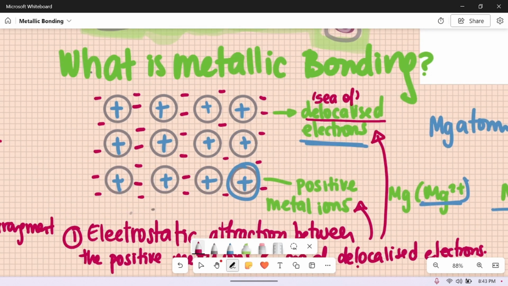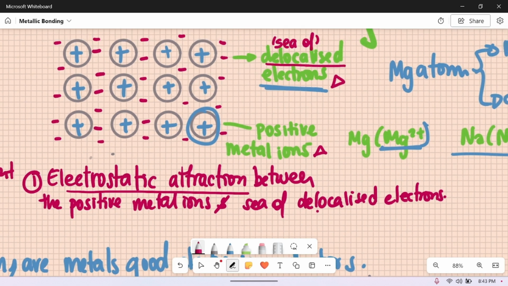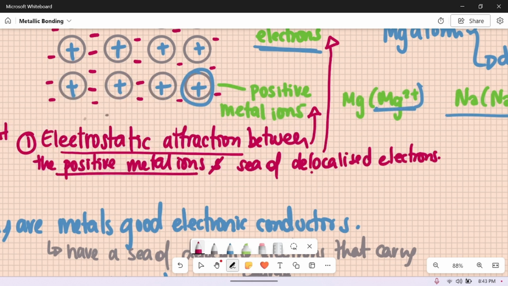So if you're asked to describe what metallic bonding is, you want to talk about the electrostatic attraction between the positive metal ions, as well as the sea of delocalized electrons, because there's always attraction between positive and negative, and in this case it's electrostatic attraction, okay?